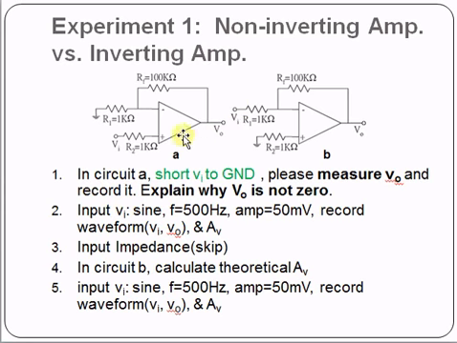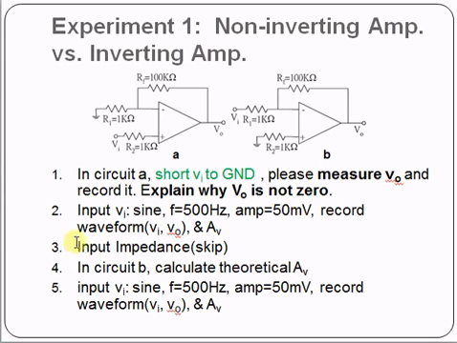Step 2. Input a sine wave with the following configurations from VI. Record the VI, Vout, and calculate its gain. In this step, you may utilize the average function on the oscilloscope to get better results.